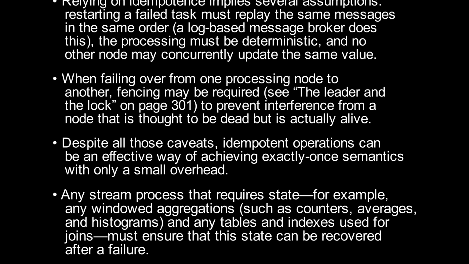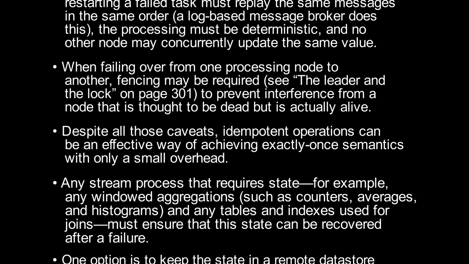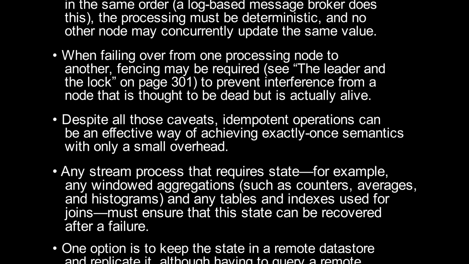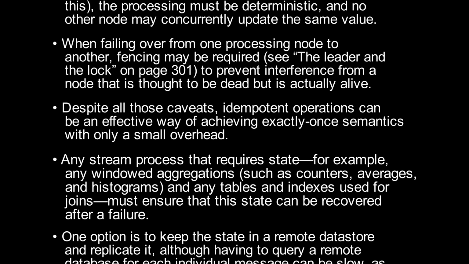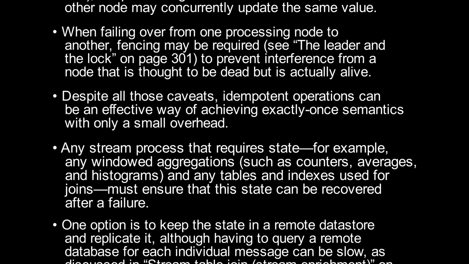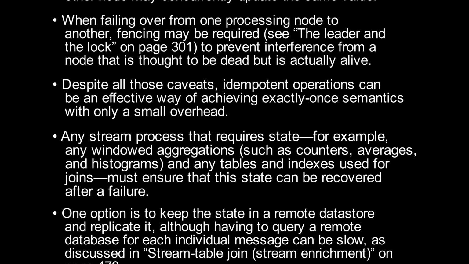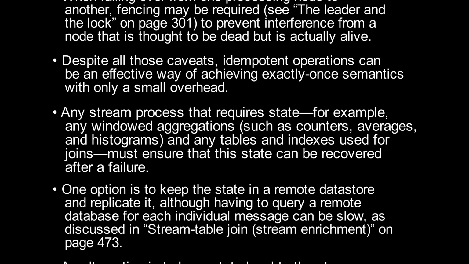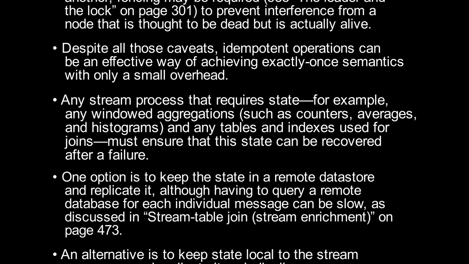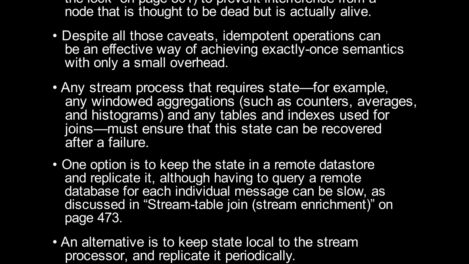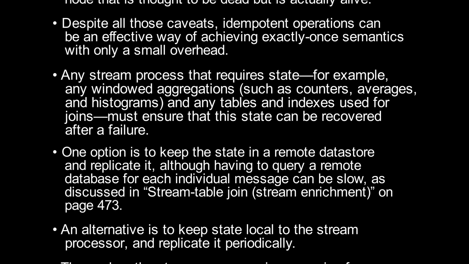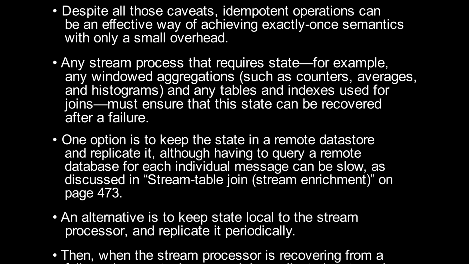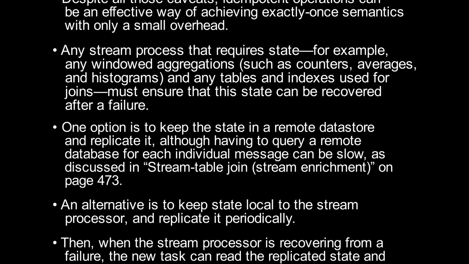Any stream process that requires state, for example, any windowed aggregation such as counters, averages, and histograms, and any tables and indexes used for joins, must ensure that the state can be recovered after a failure. One option is to keep the state in a remote data store and replicate it, although having to query a remote database for each individual message can be slow, as discussed in "Stream-Table Join (Stream Enrichment)" on page 473.